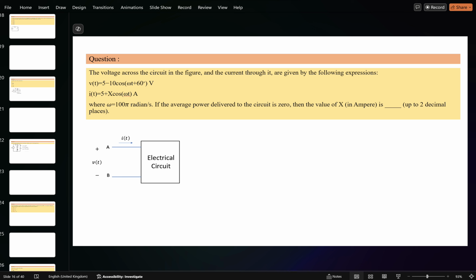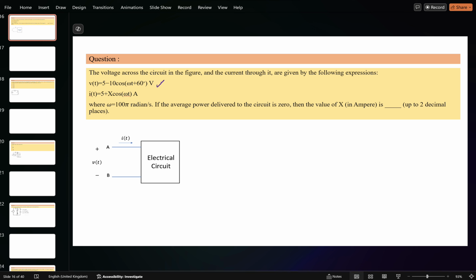Okay, let me give the solution for this. Just stop solving, just listen here. If you see in the V(t) and the I(t), there are two terms. V(t) is represented as 5 minus 10 cos of omega t plus 60 degree. So this is the DC term and this term is the AC term.